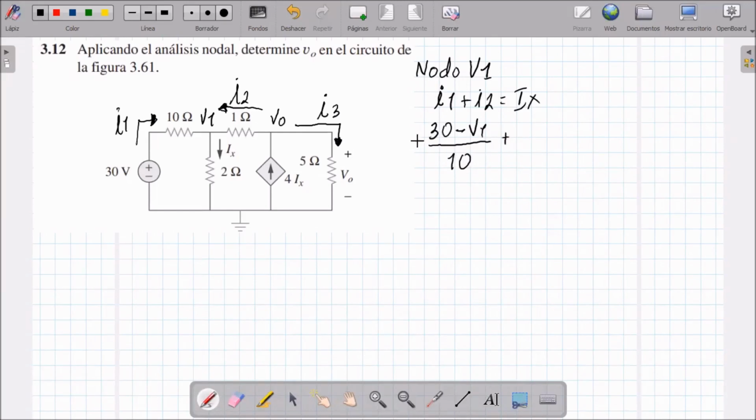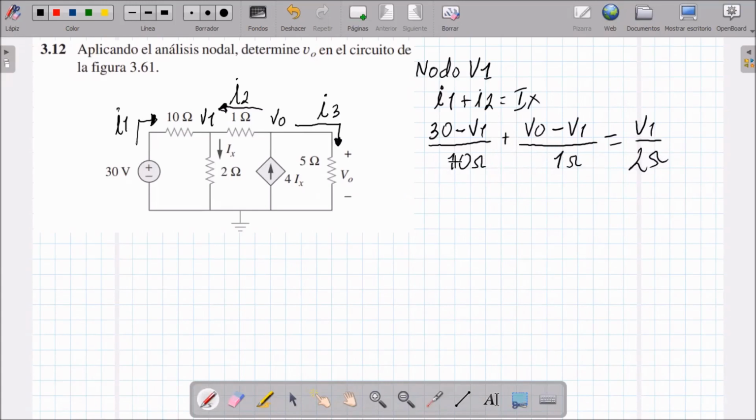Plus the current through the other resistance, which, as I am noting it to the left, would be 0 minus V1 over 1. That current 1 plus the other is going to be equal to the current that comes here, which would be V1 over 2.